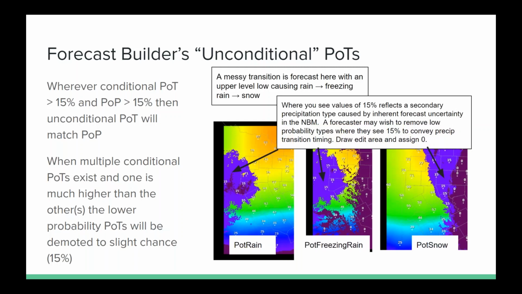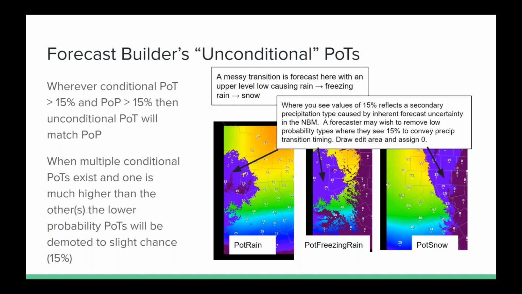So there's this upper-low situation going across Texas, and you go with, in its wake, maybe you have some loss of ice aloft, and so you start to introduce freezing rain and rain in that outcome. And so when you go to initialize the unconditional probabilities, these 15s will show up, and that's a reflection that these two items, the freezing rain and rain, are secondary precipitation types.